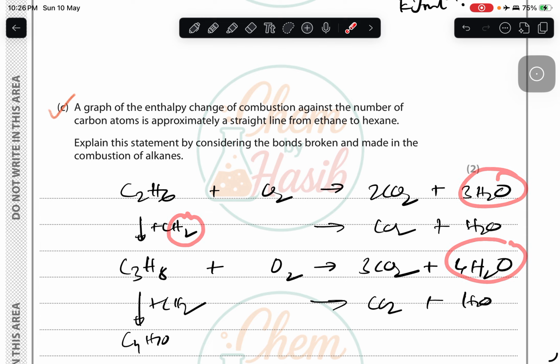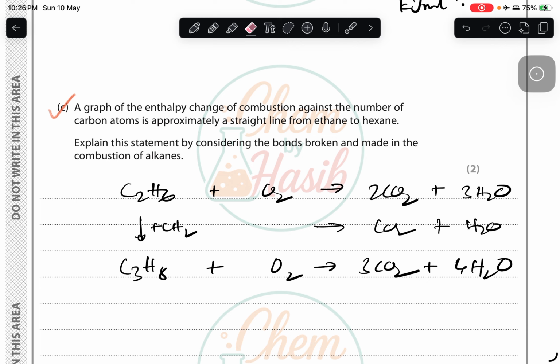Every time there is an increase in number of carbon atoms, the number of moles of carbon dioxide formed increases by 1 unit, and the number of moles of water formed also increases by 1 unit. So when you are moving from carbon number 2 to carbon number 3, there is an increase of 1 carbon dioxide and 1 water. If you move to carbon number 4, there will also be an increase of 1 carbon dioxide and 1 water.